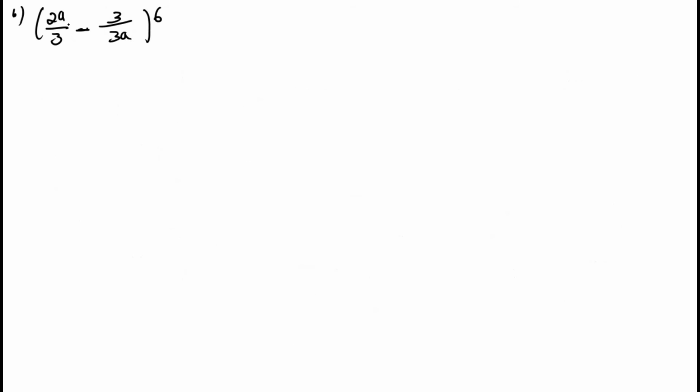See the next question, (2a by 3 minus 3 by 3a) to the power 6. Here x value equal to 2a by 3, a value equal to minus 3 by 3a, which is equal to minus 1 by a itself, and index n equal to 6.